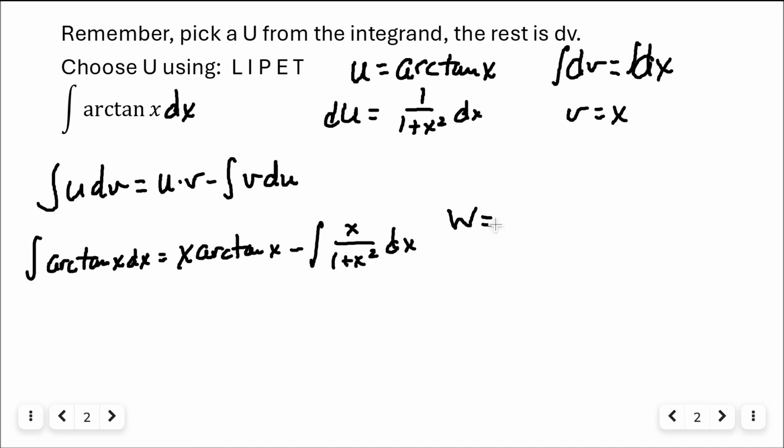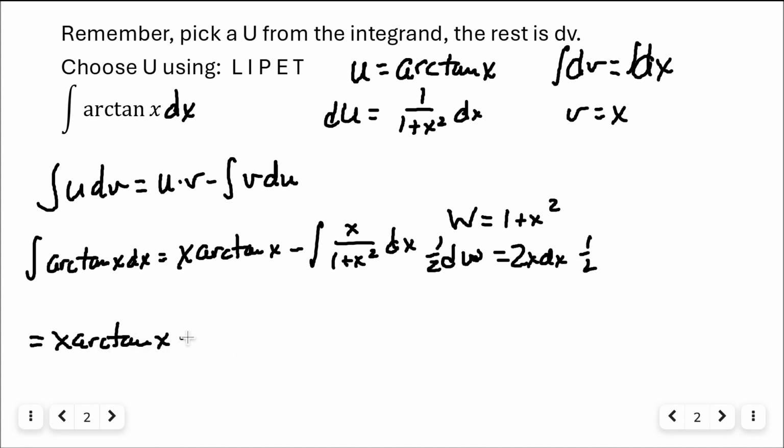So if we let w be 1 plus x squared, dw is 2x dx. You need a 1/2 here, though. So this is going to be x arctan x minus 1/2 the integral of dw over w.